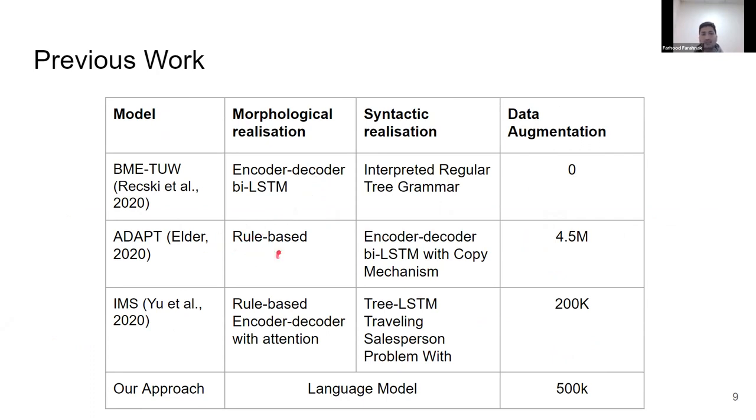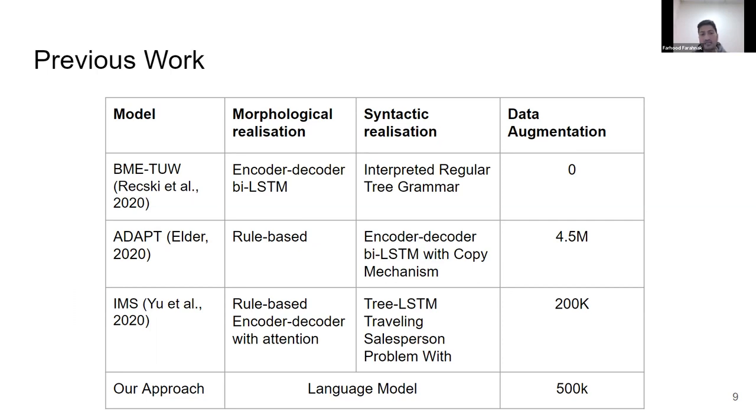Adapt Center used a rule-based module for inflection, and for the ordering part, they used an encoder-decoder module with a copy mechanism. And a team from the University of Stuttgart combined a rule-based approach and an encoder-decoder model for inflection, and they tackled the problem of ordering with the traveling salesperson problem.